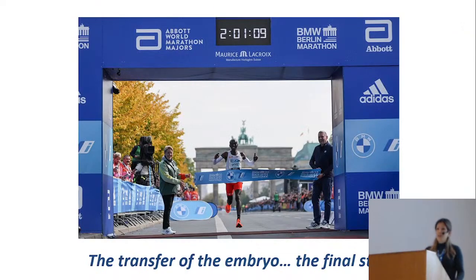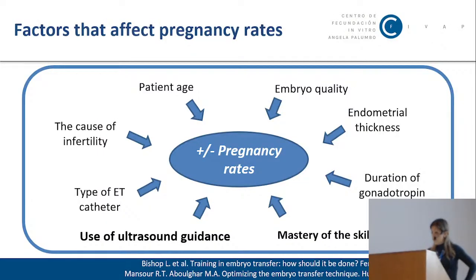We all know that the transfer is the final step of the IVF marathon. And in this moment, it's true that the effort of the whole IVF team and the patients culminates. Pregnancy rates are affected by a variety of factors, and differences in embryo transfer procedure, such as the use of ultrasound guidance and the skills of individual providers, may affect success rates.